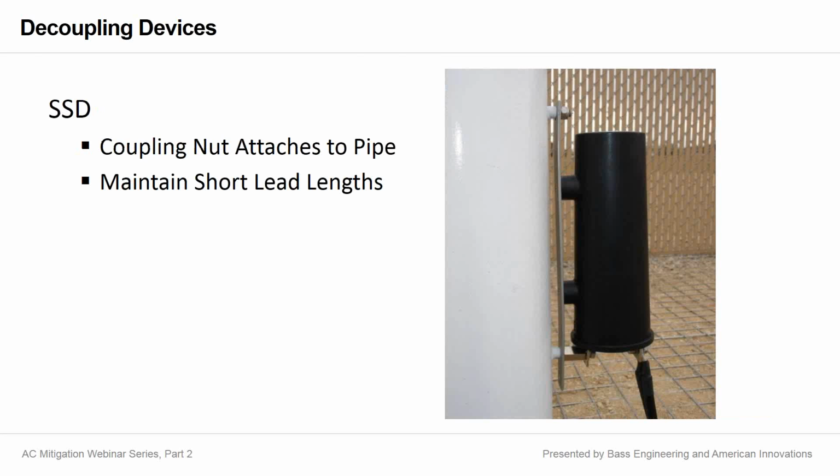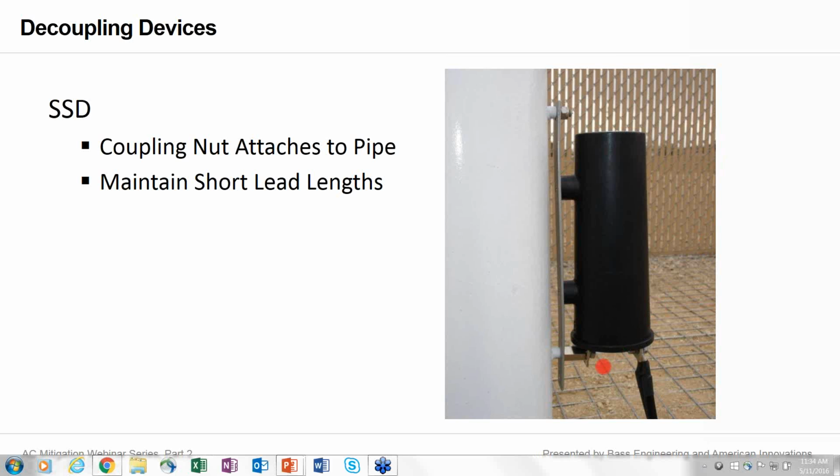What we're showing you in this case is the SSD, or solid state decoupler, that we're using. And what I do want to point out is there's 2 tabs on that decoupler. So this tab on the left side of the decoupler is directly connected to the pipeline through a coupling nut.